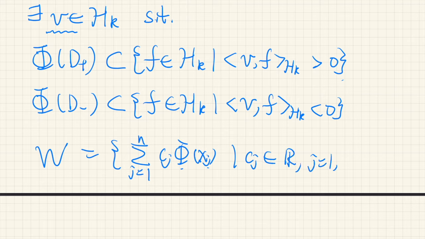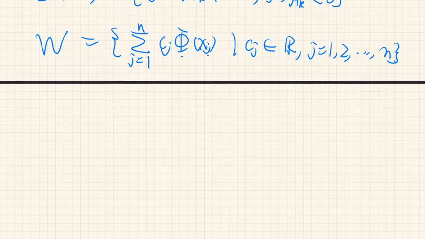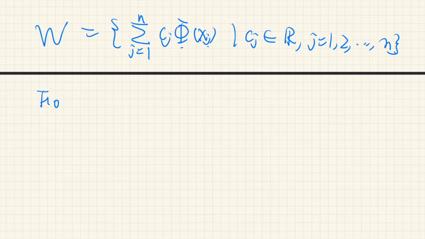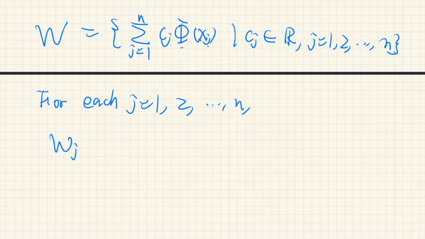And next, for each j from 1 up to n, we define W_j, which is the intersection between W and another subspace that is orthogonal to all other vectors than phi of x_j.